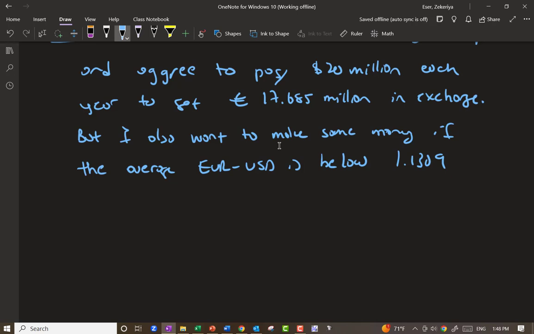Have we talked about an instrument that would allow me to do that? So I want a financial contract that's going to pay me if the exchange rate is below 1.1309, but it's not going to cost me anything if it is above that on a gross level. You remember what kind of contract that was?